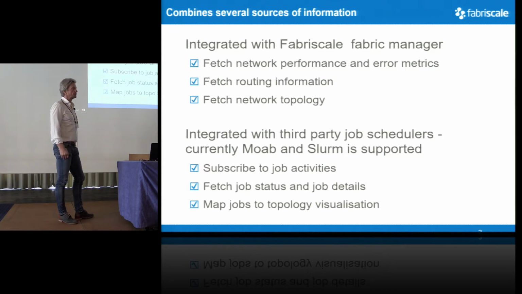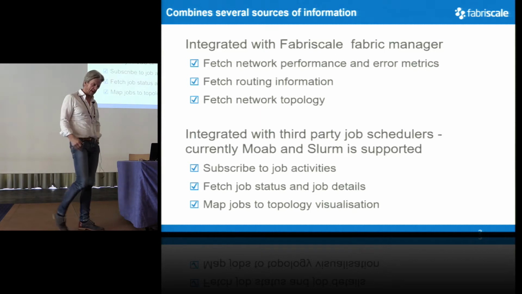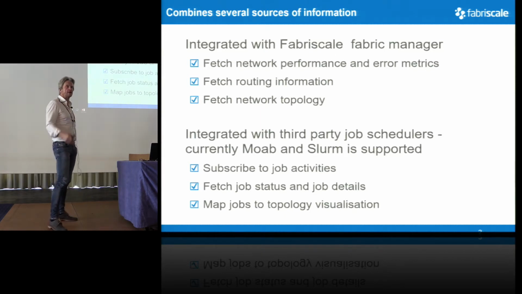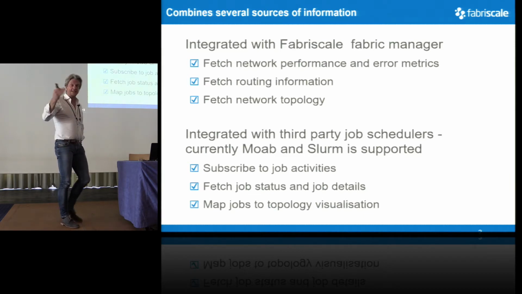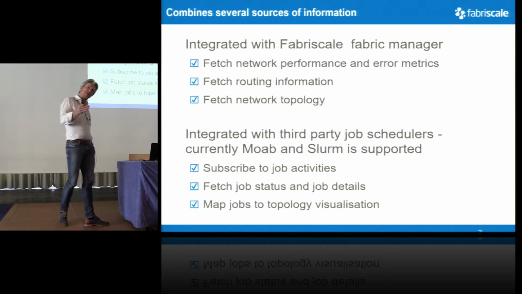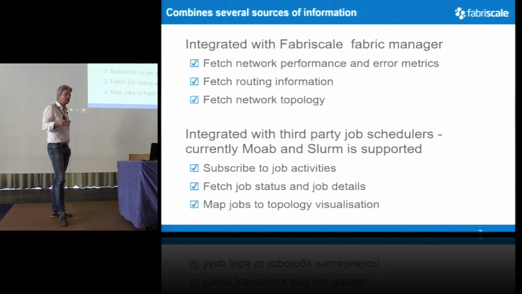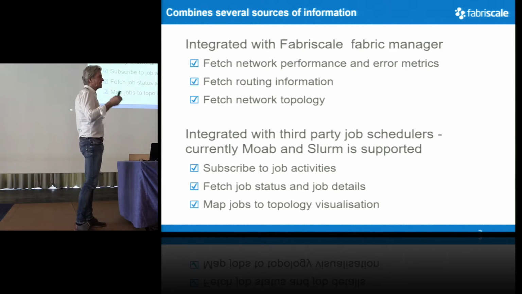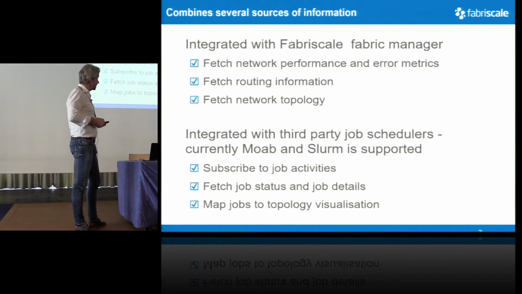Currently, we support Slurm and Moab, and we do that through web or REST API. That gives us access to CPU and job details. And by having all this information available combined, that makes it easier for the system administrator to grasp what is going on in the fabric.